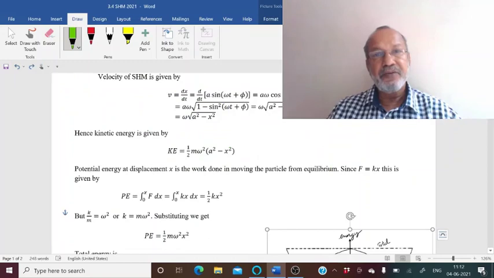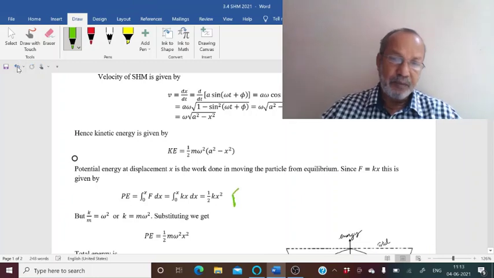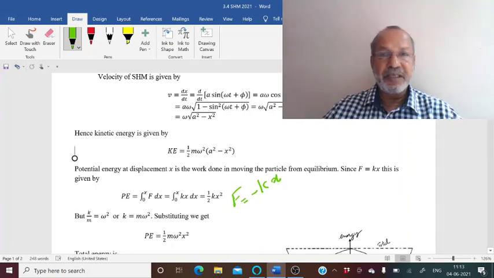We know that for a harmonic oscillator, which is a particle executing simple harmonic motion, the force acting on the particle is given by F is equal to minus kx. Now suppose an external force is shifting the particle from equilibrium position to a displacement x.